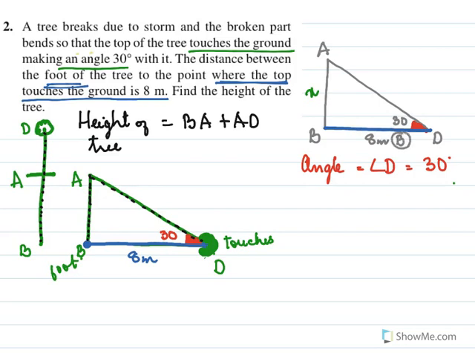BD is the base, and we need to find AB. Here AB is not the hypotenuse, I made a mistake there. AB is a perpendicular. So when here we have the base and perpendicular, we are not using cos, that is a mistake. I've corrected it later, so you may ignore this part of the sum.